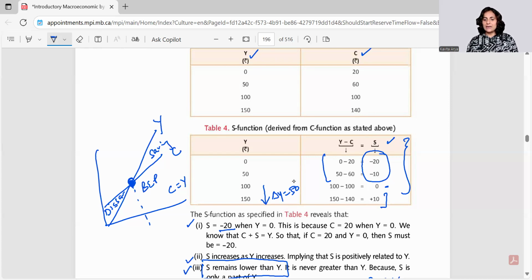So the change is 10 minus 0, that is 10. Hence, we would say that MPS would be delta S by delta Y. As S is a straight line, the slope, that is MPS, remains constant all throughout, and this is the value.